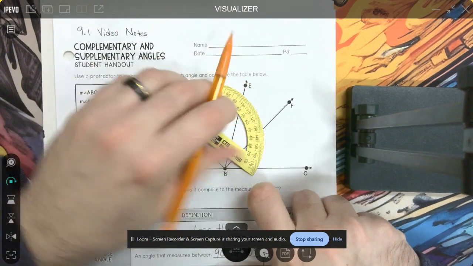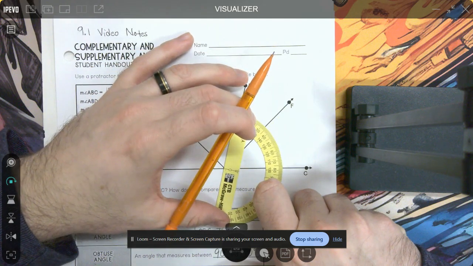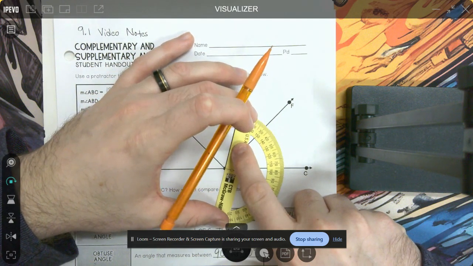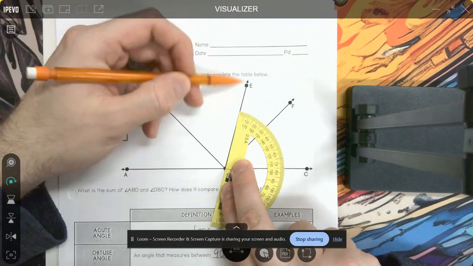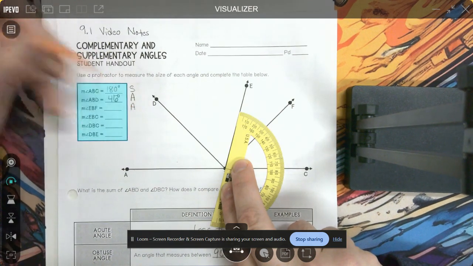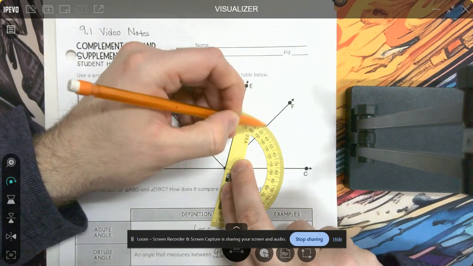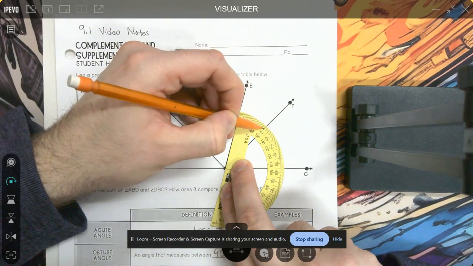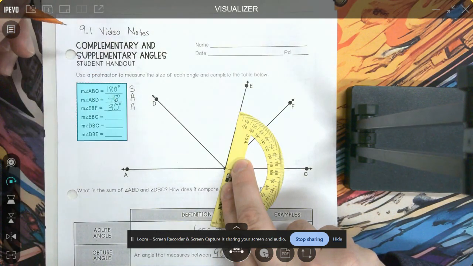Or I could turn it to where E and B are on it, and then look at where F is pointing. You get the same answer regardless. Is this less than 90 or greater than 90? It's less than 90, so that's going to be acute. So now I'm going to be using the smaller number. Look at where F is going through. Looks like F is going through 30 degrees. So it's a 30-degree angle, an acute angle.